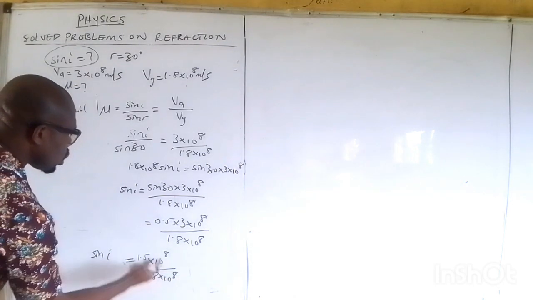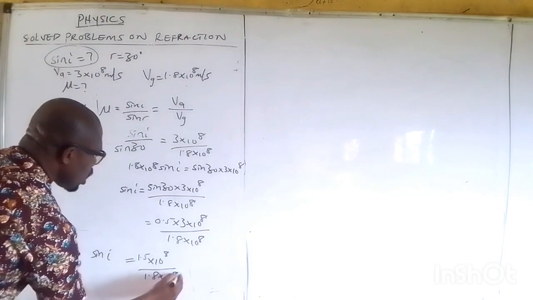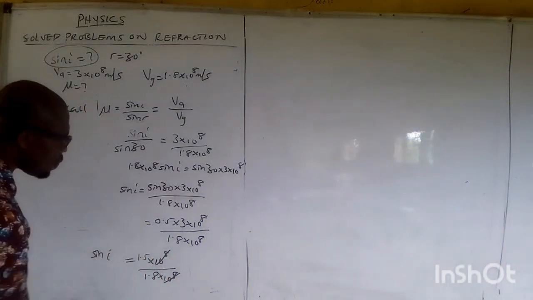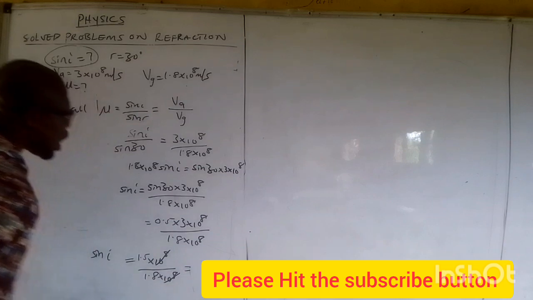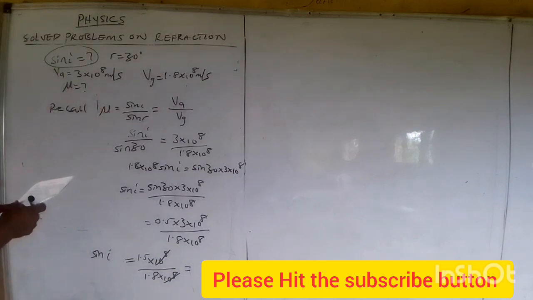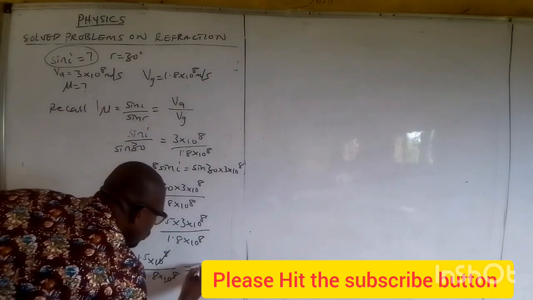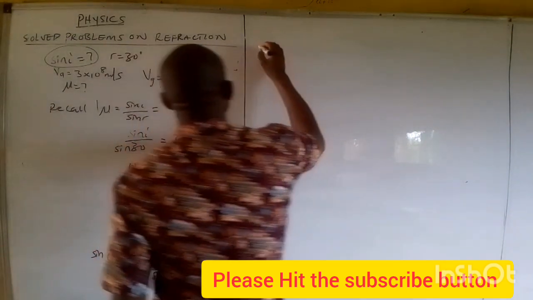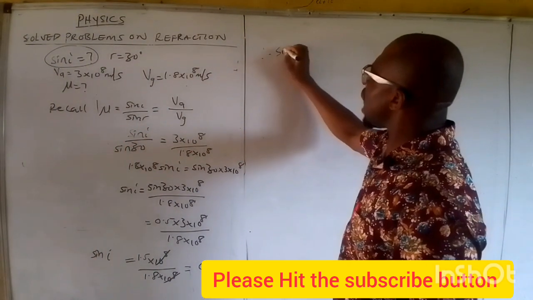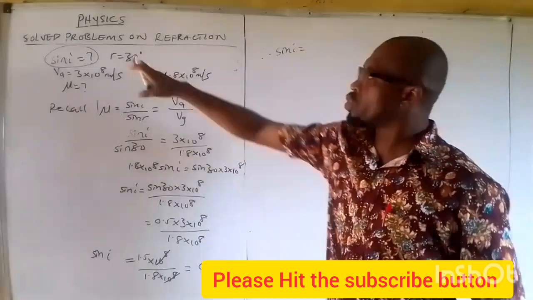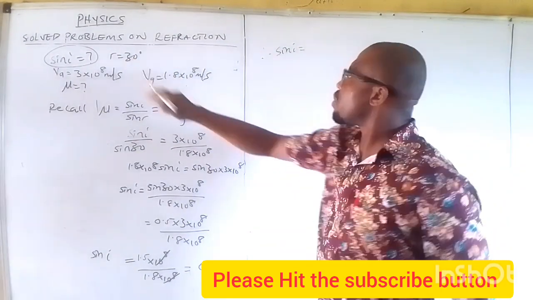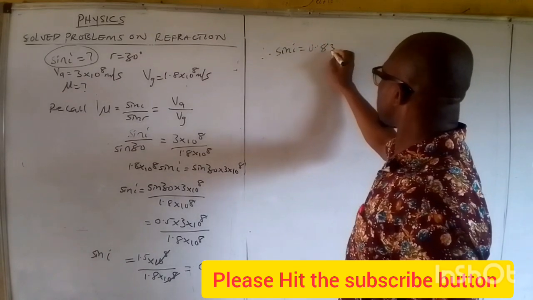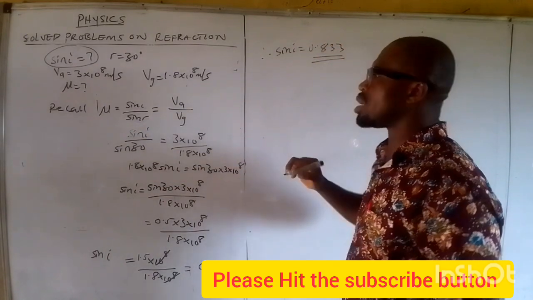At this point, these two can go. We have 1.5 over 1.8, and 1.5 divided by 1.8, by calculation, is 0.833. Therefore, sine I that will produce a refraction of 30 degrees is equal to 0.833. And this is our answer.